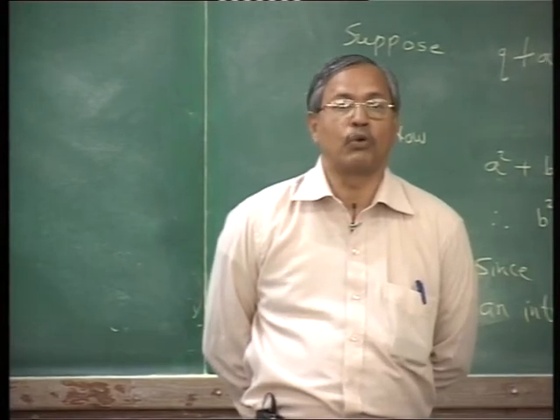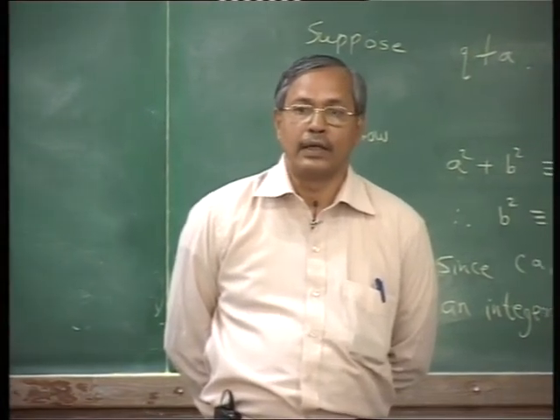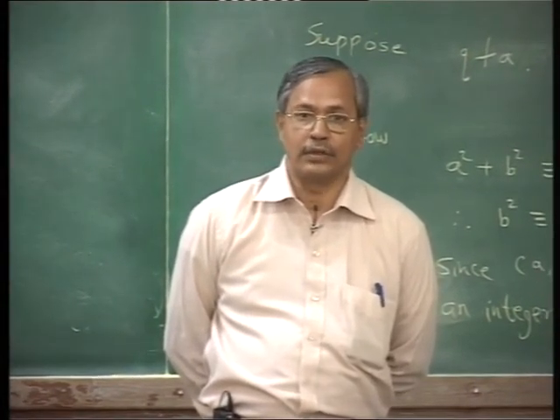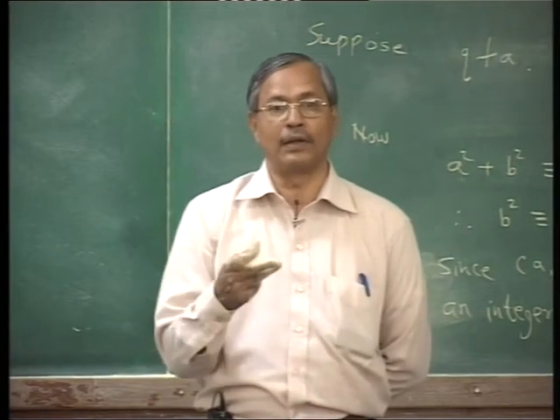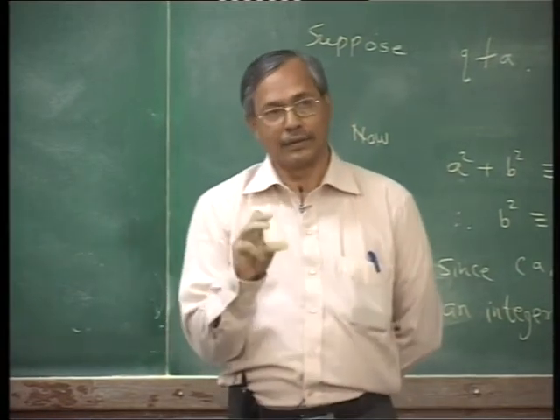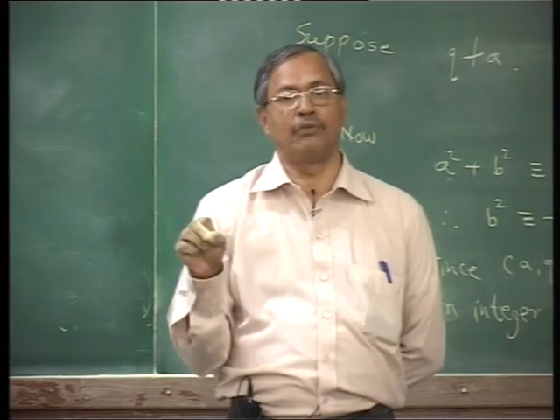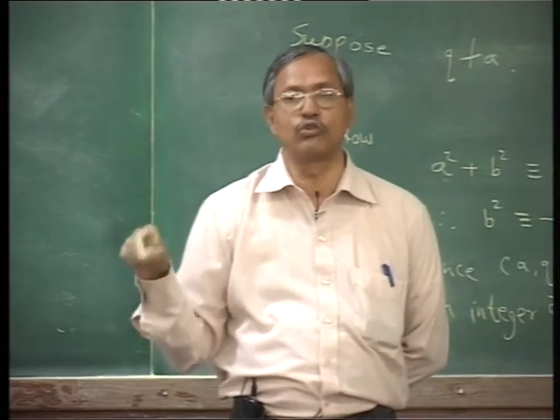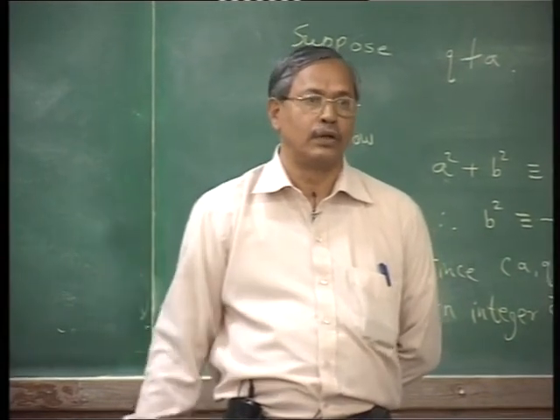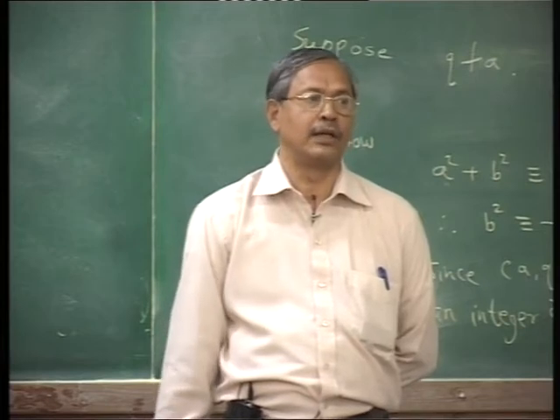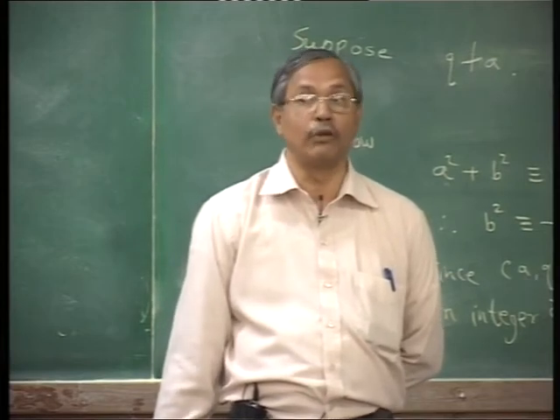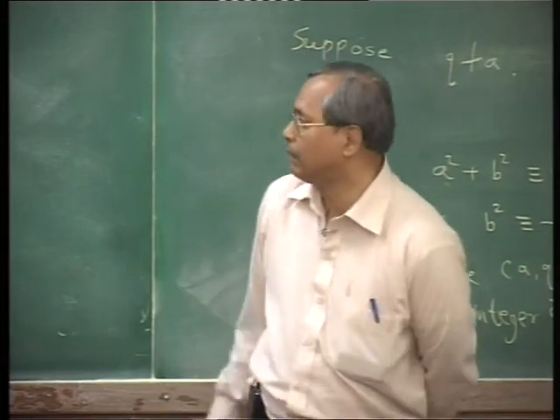A prime q of the form 4k plus 3 you cannot write as a sum of 2 squares. If you have the square of that number, then certainly q square you can write as a sum of 2 squares, in the sense q square plus 0 square is allowed. We don't say that it has to be a sum of 2 positive squares. You don't require that in this theorem.